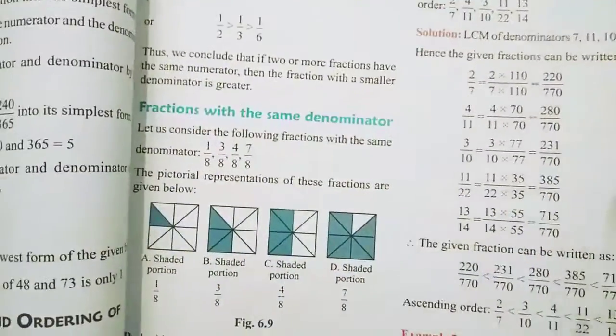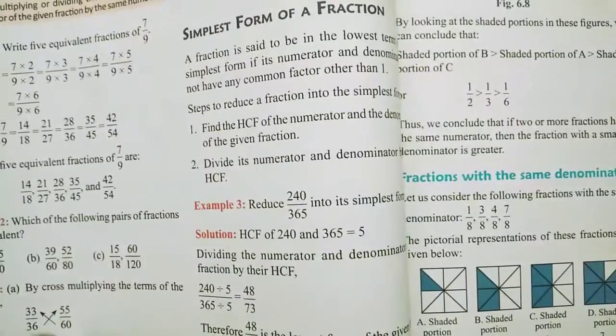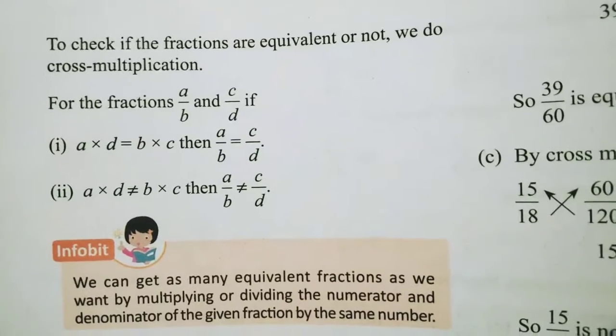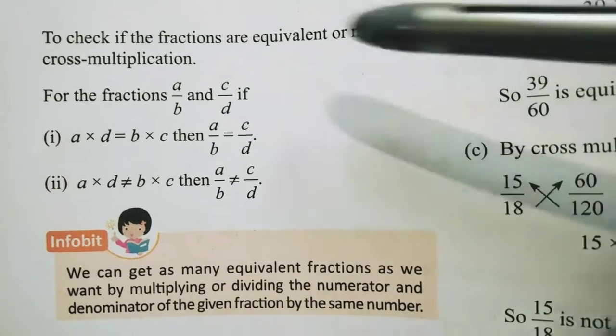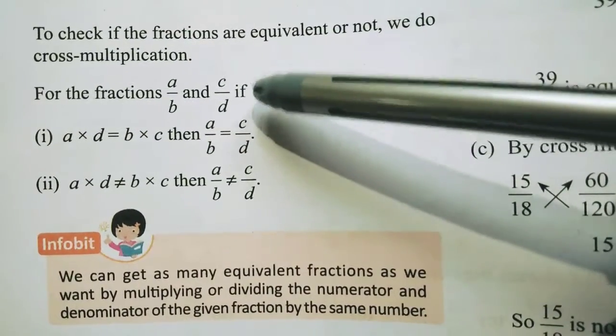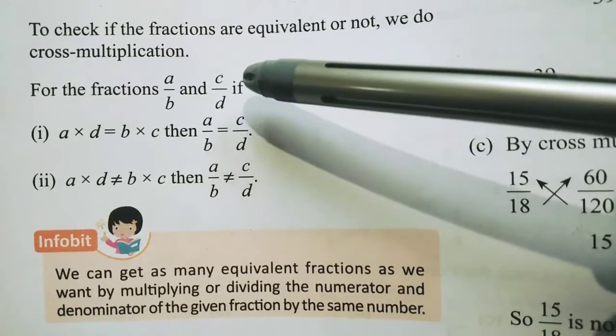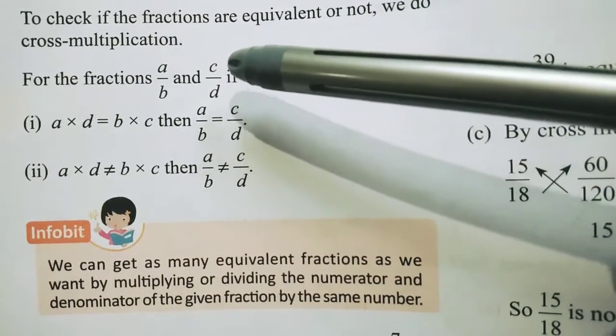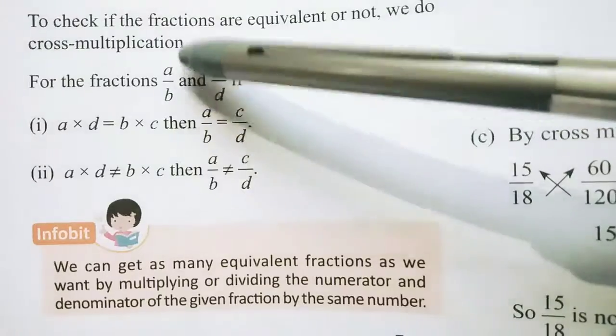Now next is what is given to check if the fractions are equivalent or not. How to check whether the fractions are equivalent or not? So we do cross multiplication. See, for the fractions a by b and c by d, you have to check whether they are equivalent or not. So you have to cross multiply the fractions.